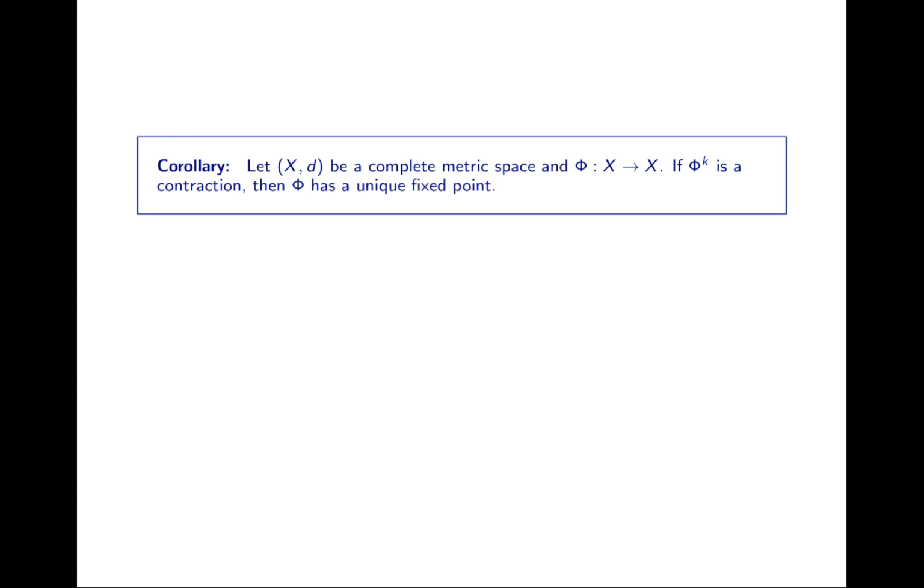So a corollary: suppose (X, d) is a complete metric space and phi maps X to X. If phi to the kth power is a contraction, then phi has a unique fixed point. Notice that we're not assuming here that phi is a contraction, but rather that phi to the kth power for some integer k is a contraction.